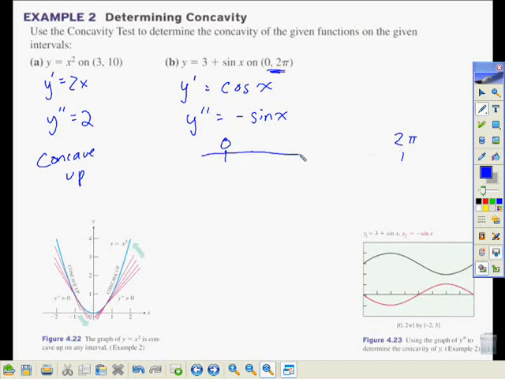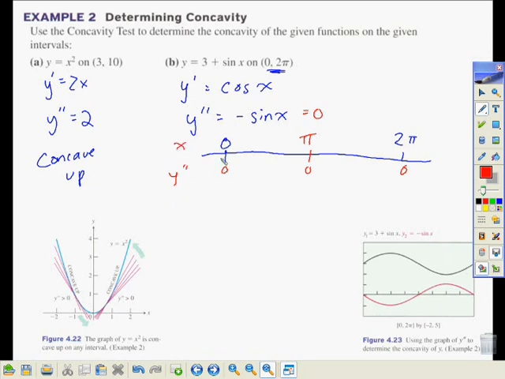We want to consider where other zeros are on this interval. With the sine, the zeros are going to happen at 0. They're going to happen at pi and at 2 pi. So there's 3 places where we're getting a derivative of 0.